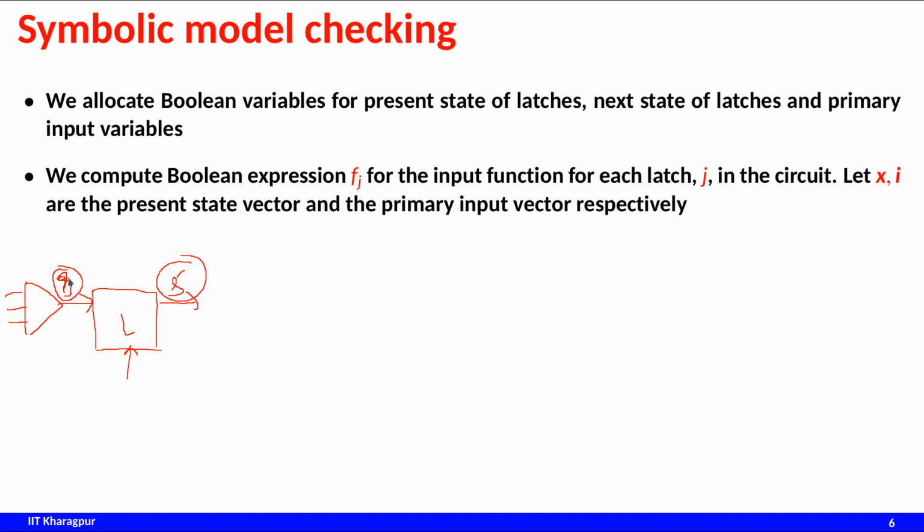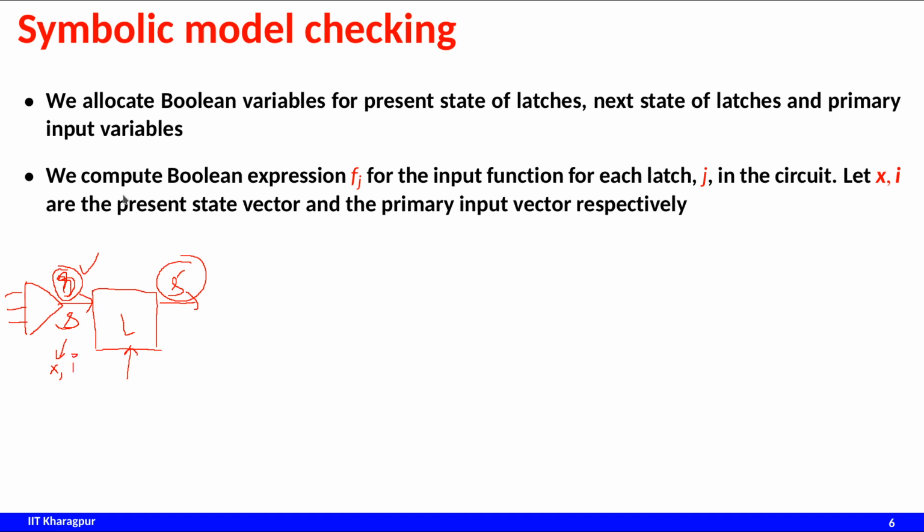This present state that we represent through S will be a function of the primary inputs, and it can also depend on other state inputs. So we can write an expression involving S and S prime, and this S is a function of the set of states, let's say I call this X, and the set of primary input variables.